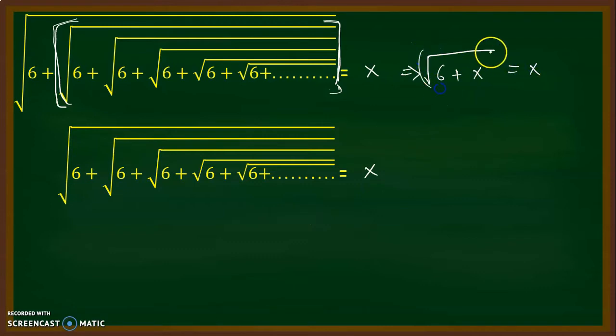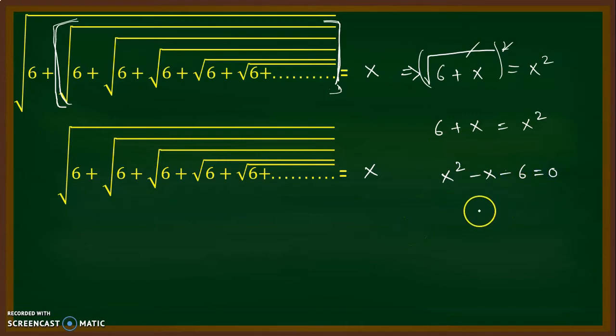Now if you do the square on both sides, so here we get 6 plus x, this root and square will be cancelled out, and this side will get x square. So here we get the quadratic equation x square minus x minus 6 equal to 0.